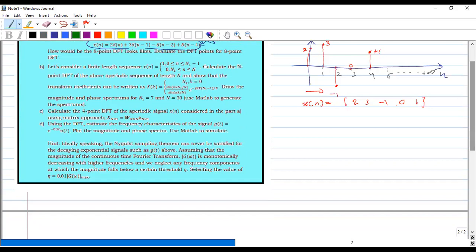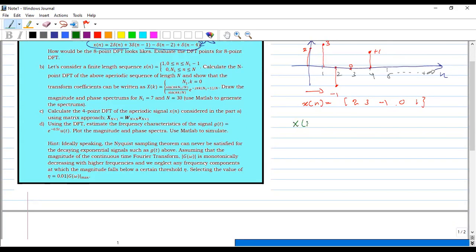X of k is the discrete Fourier transform of x of n, where n is 0 to N minus 1, x of n times e to the power minus j 2 pi k n over N. This N is the number of samples.